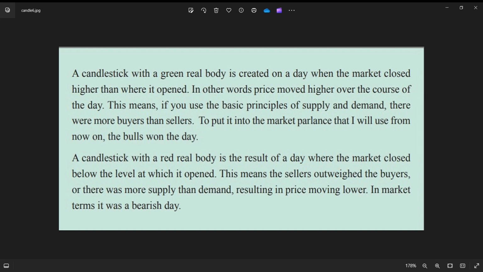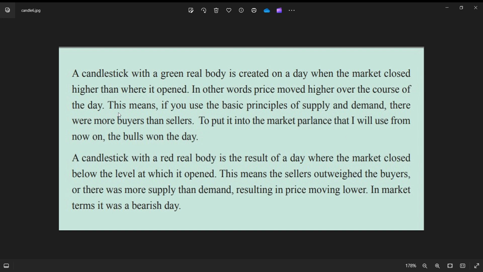Now let's move to the red candle aspect. A candlestick with a red real body is the result of a day where the market closed below the level at which it opened. This means the sellers outweighed the buyers, or there was more supply than demand, resulting in price moving lower. In market terms, it was a bearish day.